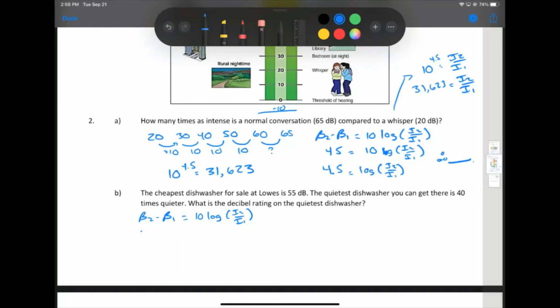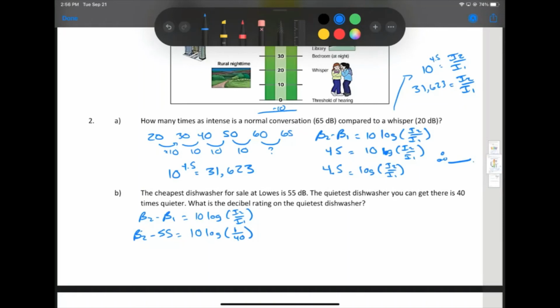Actually, no, let's use it as 1. B2 minus 55 equals 10 log. Now, if B2 is going to be quieter, then I2 should be lower. So we're looking at a fraction over 1. So it's going to be 1/40th. It's 1/40th the intensity.